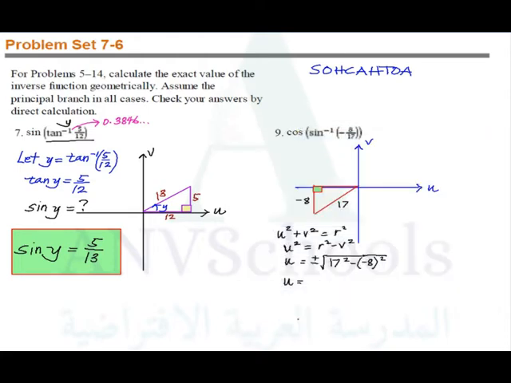So this is 15, and it's negative. So u is negative 15.